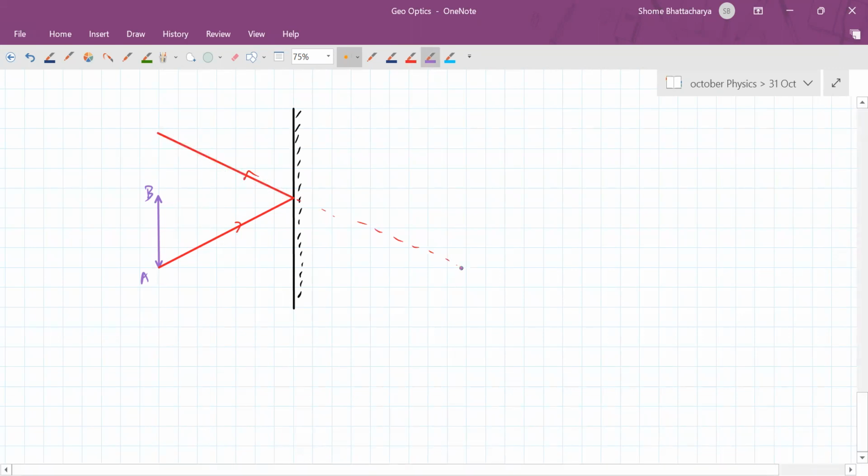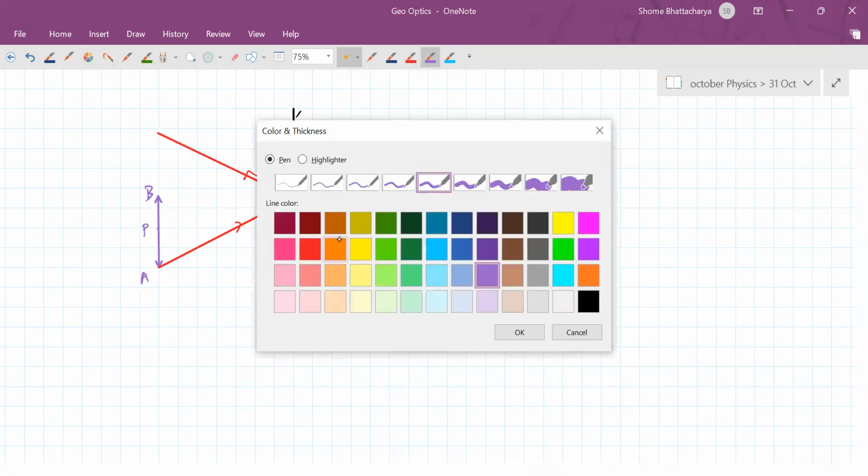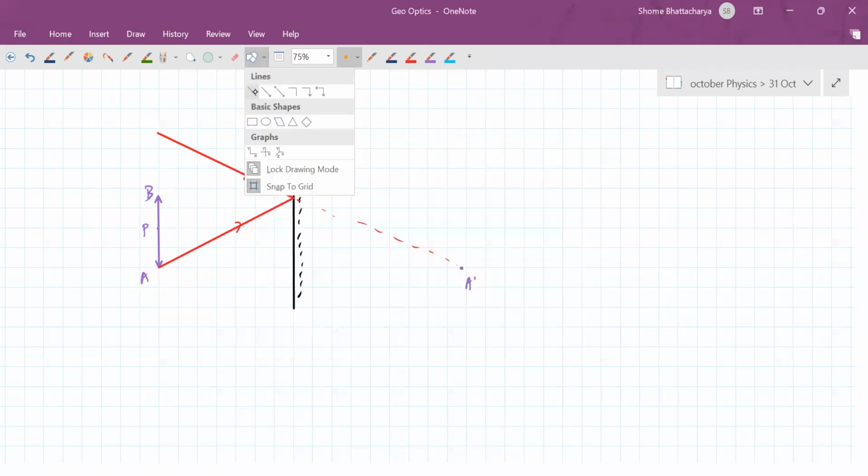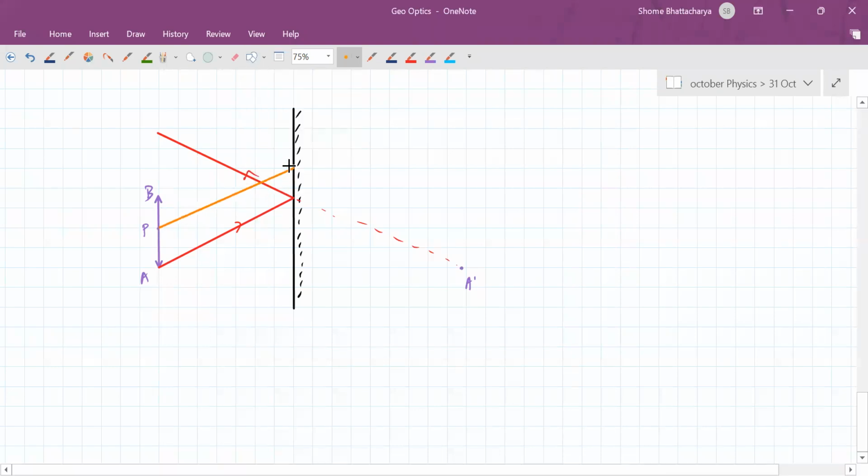A's image appears to be here, let's say A prime. But like that, you take any point on the object, its image due to reflection will appear to be like this now at this point.